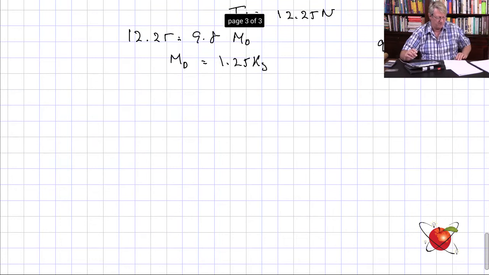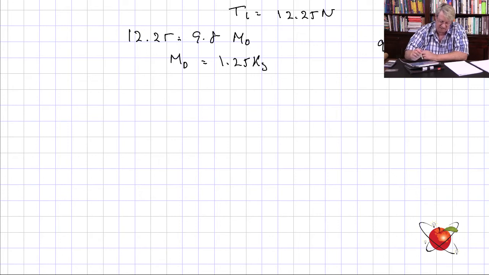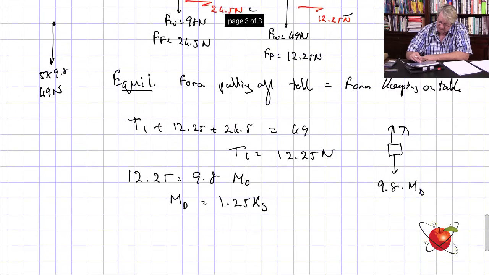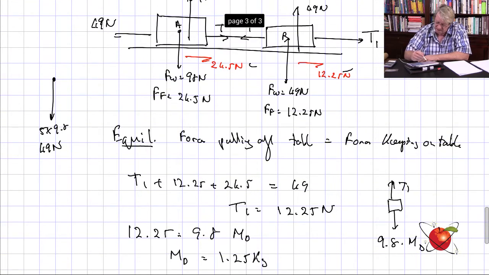The next part of this question says, assuming we place the mass calculated above at D, calculate the tensions in the strings. We've got the mass of 1.25. So if we quickly go back to this one to save time, you can see we've got that already.